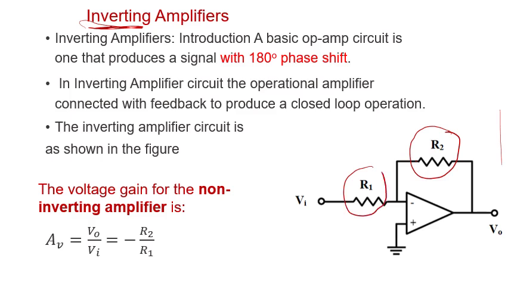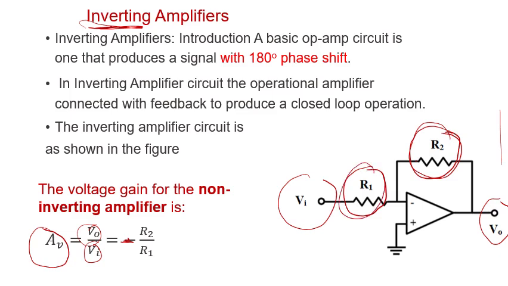Notice the gain, which we sometimes show as AV, is equal to Vout over Vin. In this circuit, it's equal to minus R2 over R1. This minus means the input voltage and the output voltage are going to be 180 degrees shifted.